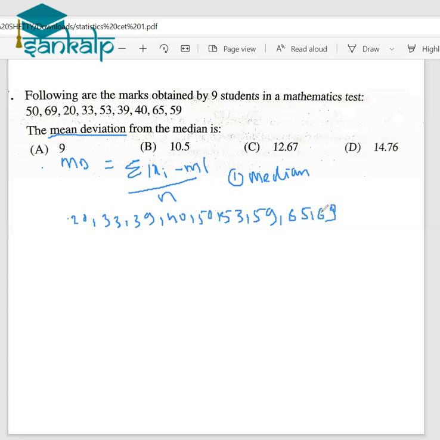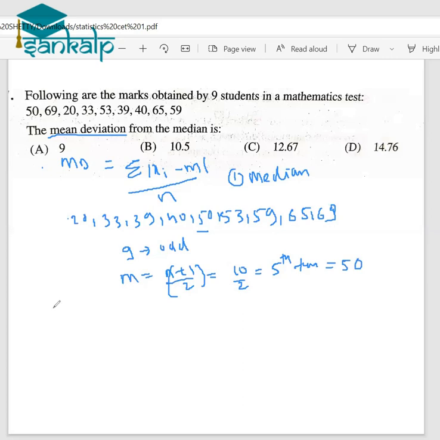Altogether there are 9 scores, which is an odd number, and for an odd number median will be calculated as n plus 1 upon 2. So 9 plus 1 is 10, 10 upon 2, it will be equal to the fifth term. The fifth term is equal to 50. So the median value is equal to 50.